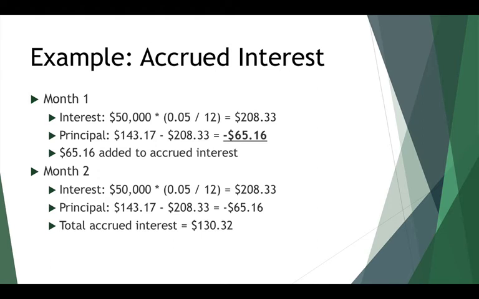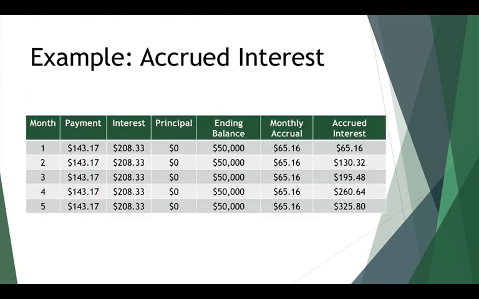Your monthly payment of $143.17 is still less than the interest that's accruing, $208.33, and that means that your total accrued interest would be another month of $65.16, and your total accrued interest would be $130.32. So over time, if you're making your minimum monthly payments, the interest that's accruing is going to be based off that same $50,000 loan balance because you're not paying it off. After 5 months, you're going to have $325.80 in accrued interest.